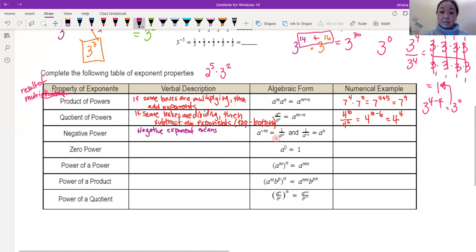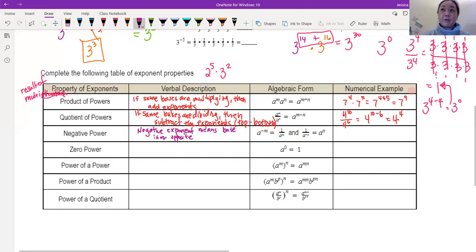If it's on the denominator side, it's supposed to be on the numerator, and vice versa. That's not the official terminology, so don't quote me, this is just layman's terms, my own words. When I say opposite side, I mean right here. So if it's here, a to the negative m.